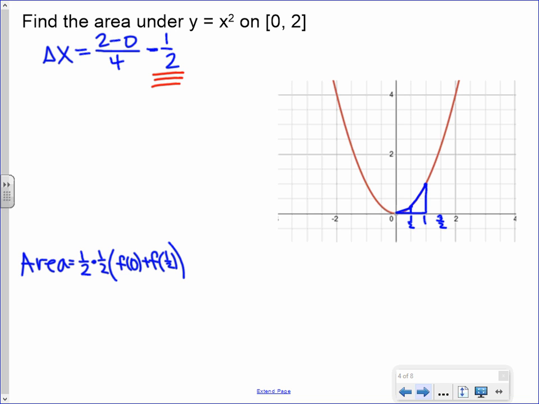Here's our next trapezoid. For our area, we take 1/2 times the height times the sum of the bases. Since this trapezoid stretches from 1/2 to 1, our first base has a length of the function value at 1/2. Our second base is the function value at 1.